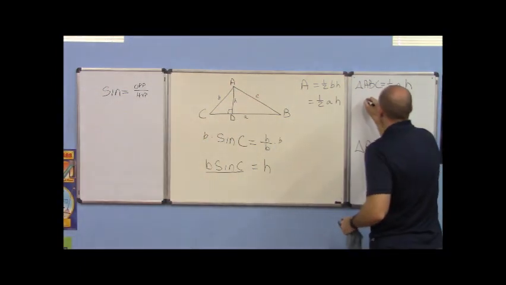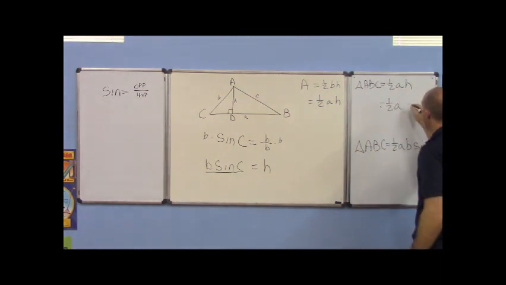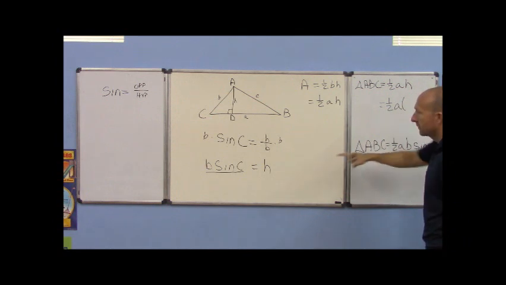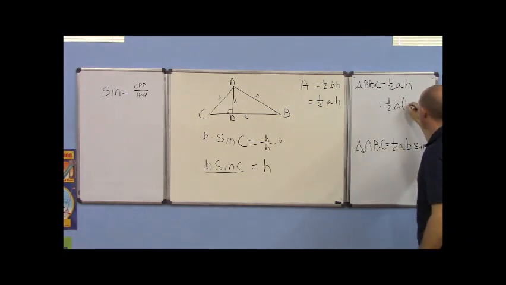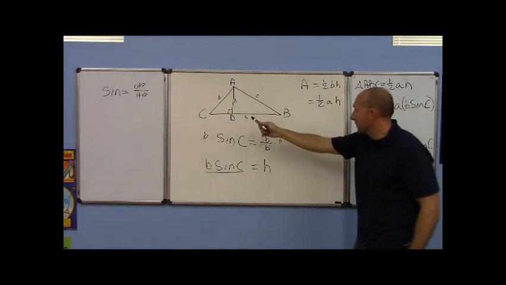So we have this 1/2 A, and then we're plugging in B times the sine of C. And really, since we're multiplying, we can get rid of the parentheses, and we simply have this right here. And this needs to be a capital C, because we're talking about the angle measure of C.